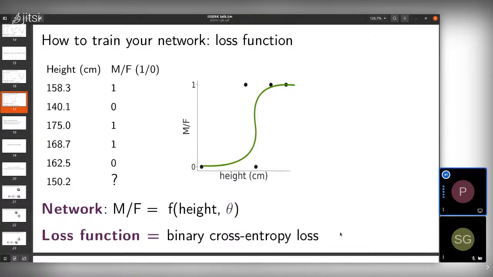But you would just compute the derivative of the binary cross entropy loss with respect to the discriminator parameters, and you would use that to update the discriminator. And then for the generator, you would use the derivative of the discriminator function with respect to the generator parameters, and then use that to update the generator. I hope this was clear.